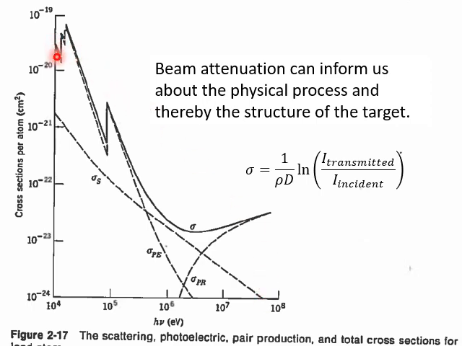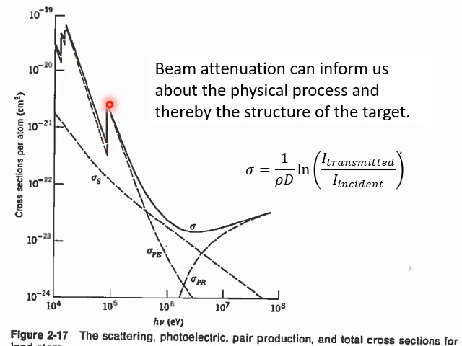We can measure the cross-section for photoelectric excitation, right, which is this curve here. And then there's a cross-section for pair production. And let's say experimentally, all we know is that the cross-section looks like this as a function of energy.